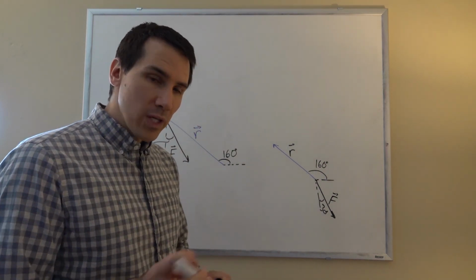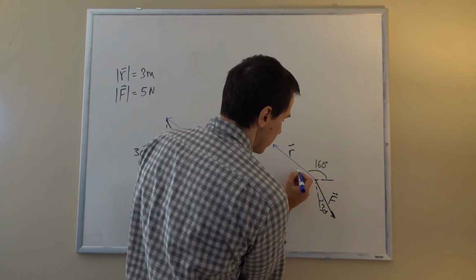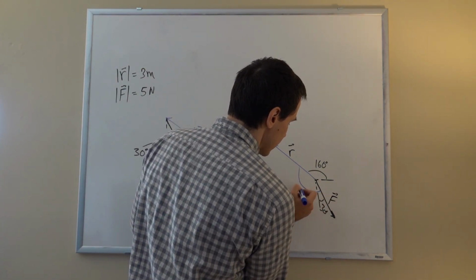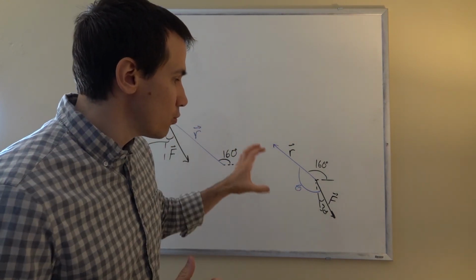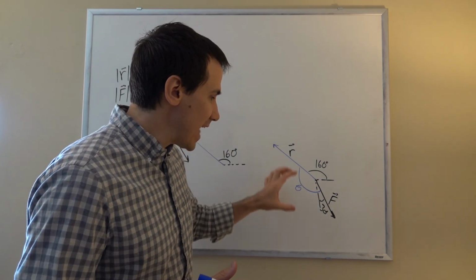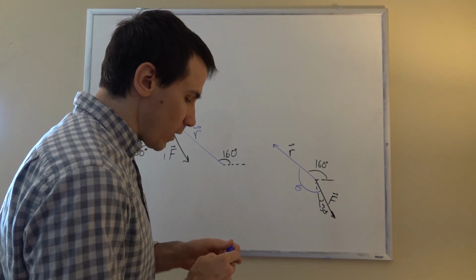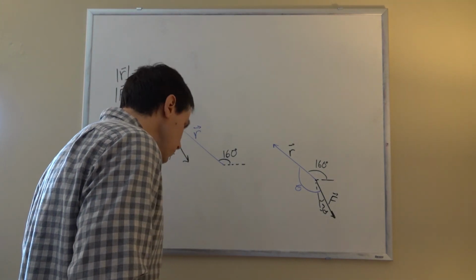Now the angle that we are really looking for is this angle, the angle between the radial vector and the force vector. That is our theta. There's a couple different ways that we could find this.